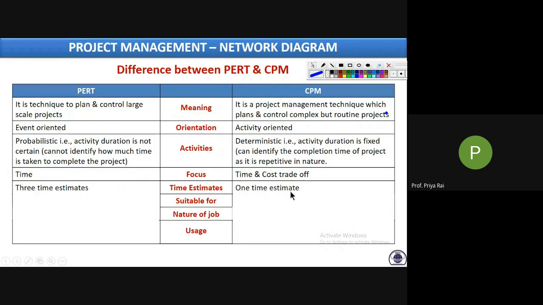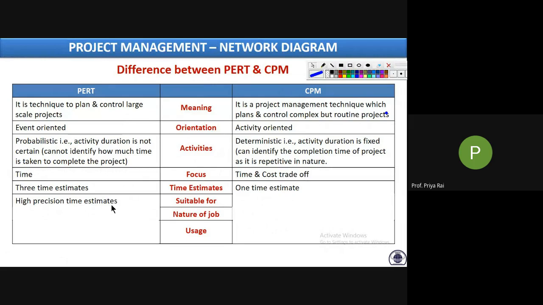This kind of network diagram, the PERT network diagram, is suitable for high precision time estimates, where we need accurate calculation of time. Let's say, for example, launching of a rocket. It is a very critical project, right?